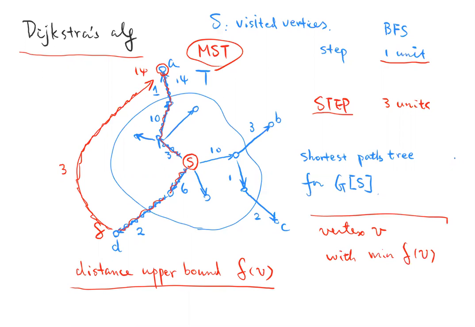That's the only thing that is different from minimum spanning tree. Instead of choosing a vertex whose frontier edge is of minimum weight, we choose a vertex with minimum distance upper bound. Of course, this distance upper bound cannot be defined arbitrarily. It needs to be defined in a careful way.